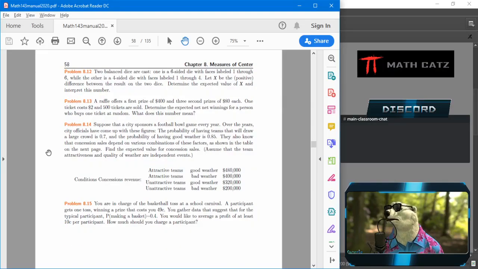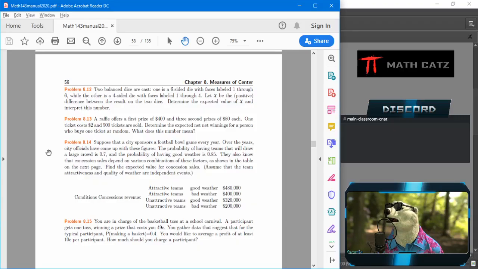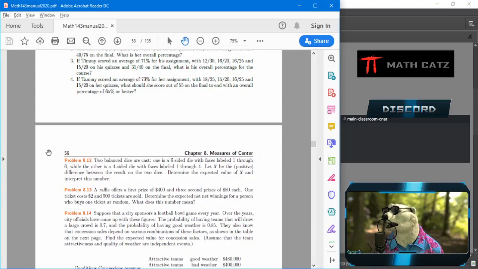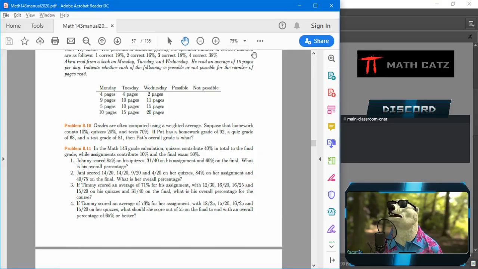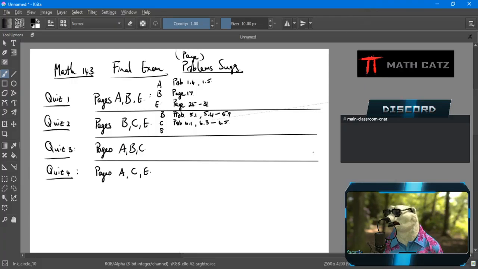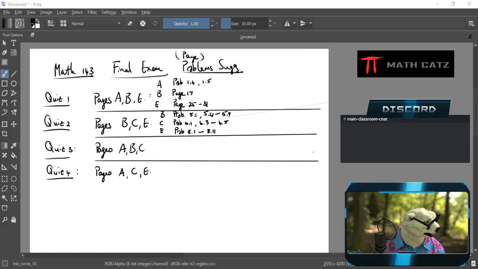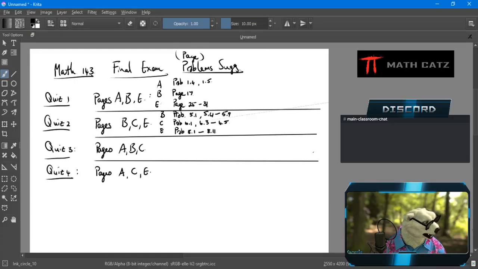That is in probability distribution. So let's make it up to 8.11. Problems 8.1 to 8.11. All right. Okay, let me just double check something here. So that puts us halfway in the final exam.